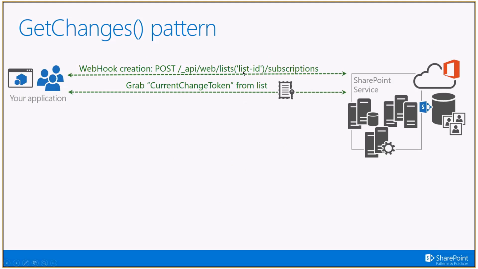When we do that, we're also going to grab the current change token from the list we subscribe to. We need to have this current change token, which we're going to persist, because later on, when we ask for the changes, we're going to ask for the changes as of that particular moment in time when we made the subscription, which is identified by the current change token.